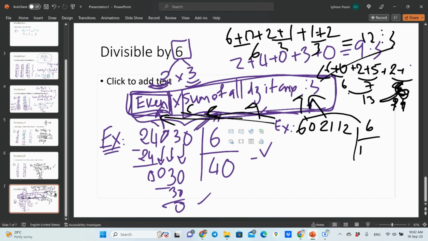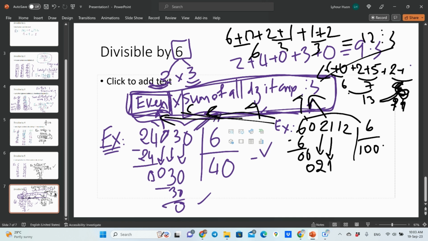So 1 times 6, we have 6, 0, and we have 0. So 0 times 6 is 0. We drop the 2, still not. So we add another 0. We drop the 1. 6 times how many go into 21?